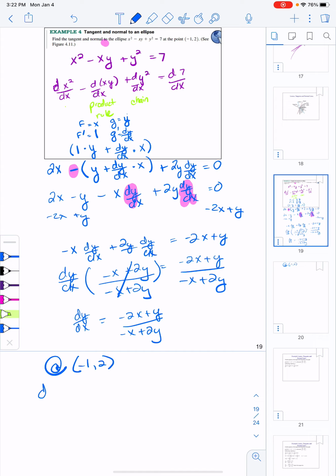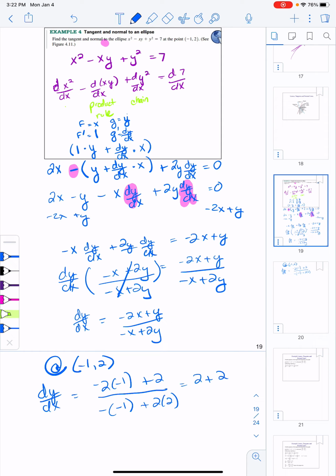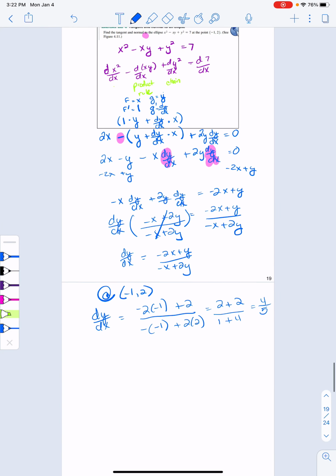So my slope is equal to negative 2 times negative 1 plus 2, over negative of negative 1 plus 2 times 2, which is equal to 2 plus 2 over 1 plus 4. I'm getting 4/5, and that would be your slope.